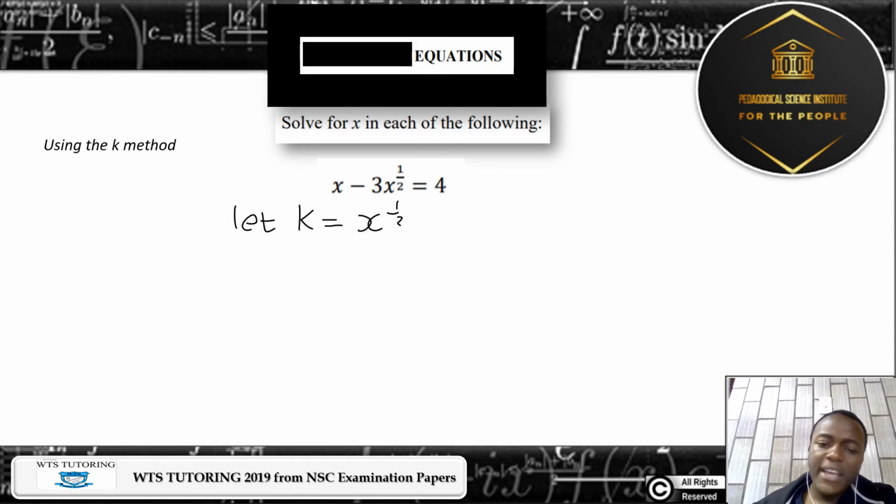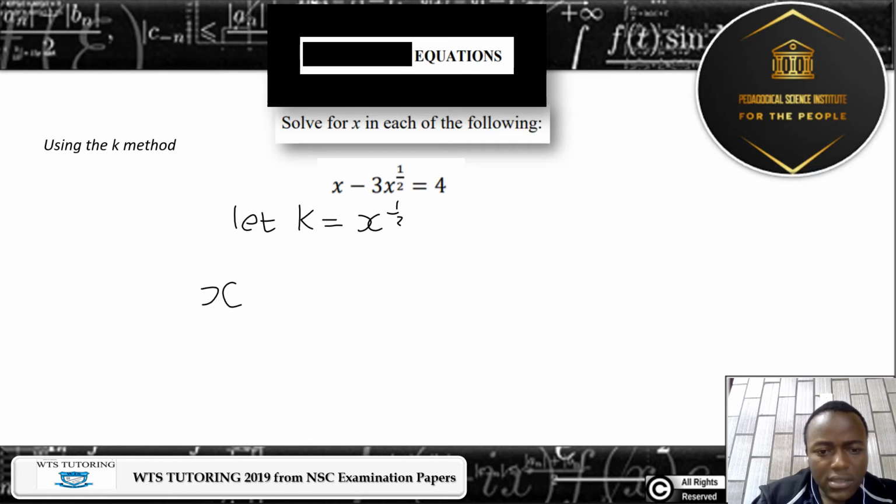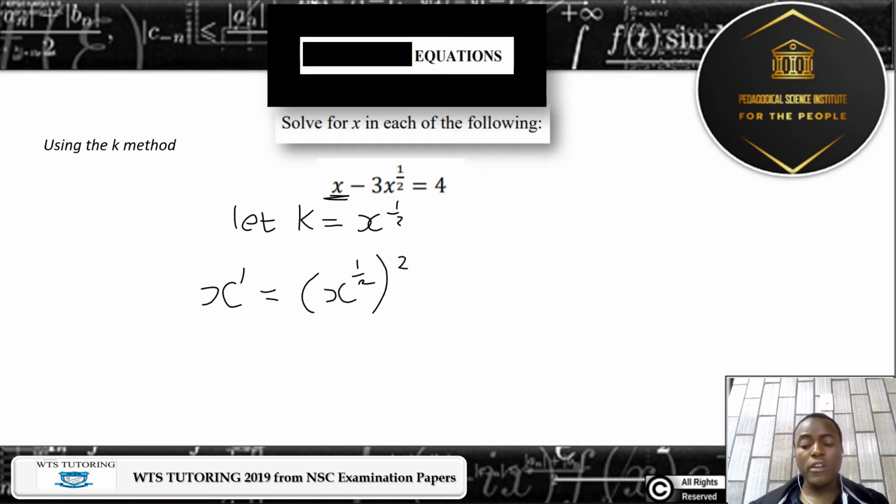Now, if our K is x exponent 1 over 2, what will our x be? This x, we have to replace with K, right? So it's x exponent 1. How can we write this in a way that will include K? Our x exponent 1 can be found by x exponent 1 over 2 raised to the exponent of 2.